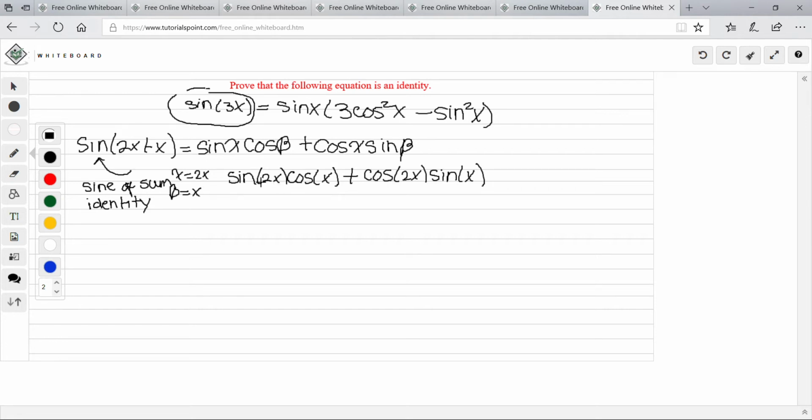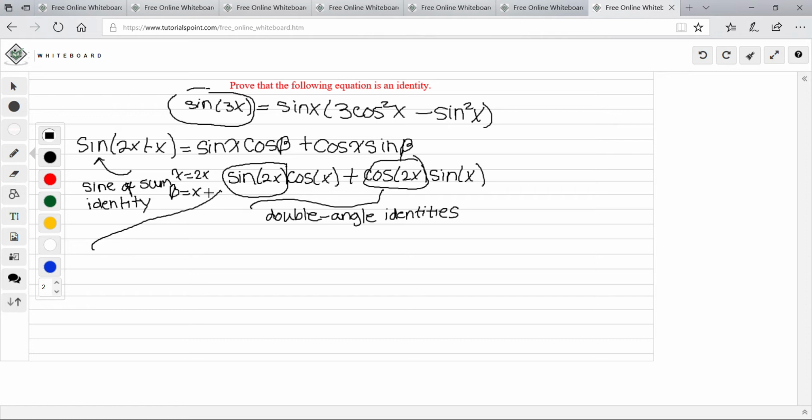Hey, this looks familiar. This sine 2x, and then this cosine of 2x looks very familiar. It's one of the identities we could use. Those are our double angle identities. So we can simplify this even more, so let's put it down here.